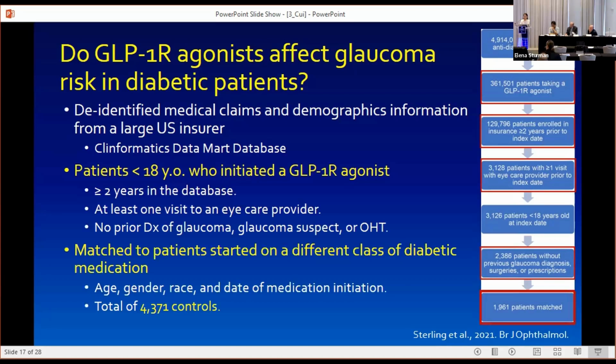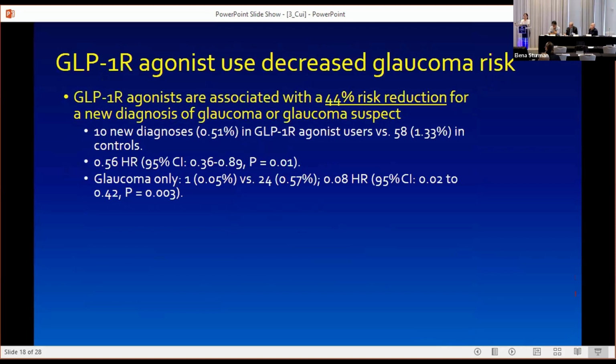And in total, 1,961 patients were matched to 4,371 controls. This was matched based on age, gender, race, and the date of medication initiation. And these controls were initiated on a different class of diabetic medication. What we found was that, yes, GLP-1 receptor agonist use did in fact decrease glaucoma risk by about 44%.